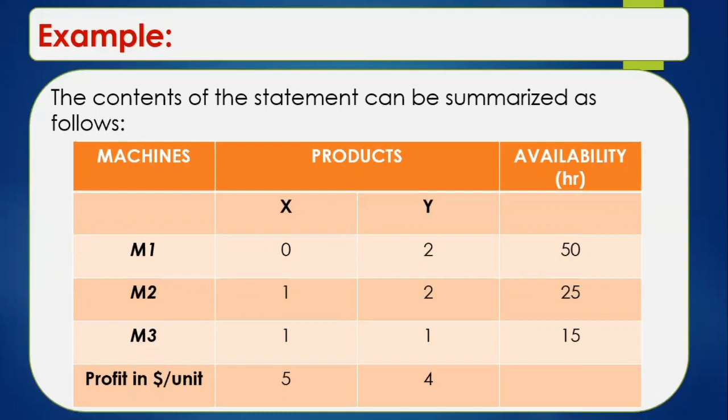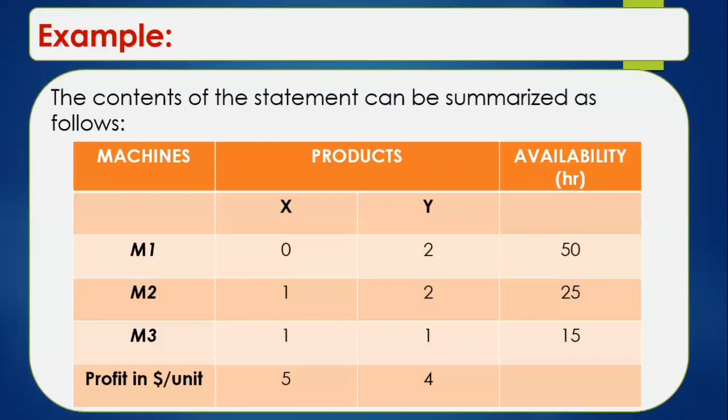I've made 3 columns: a column for your machine, a column for your products, and a column for the availability of your machines in terms of hours. Remember that we have 3 different machines: machine 1, machine 2, and machine 3.